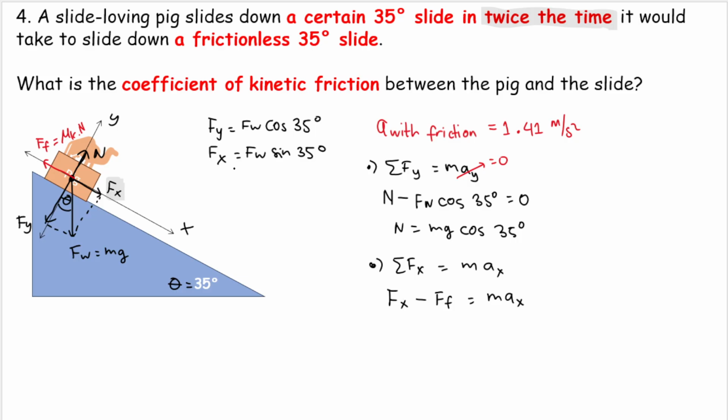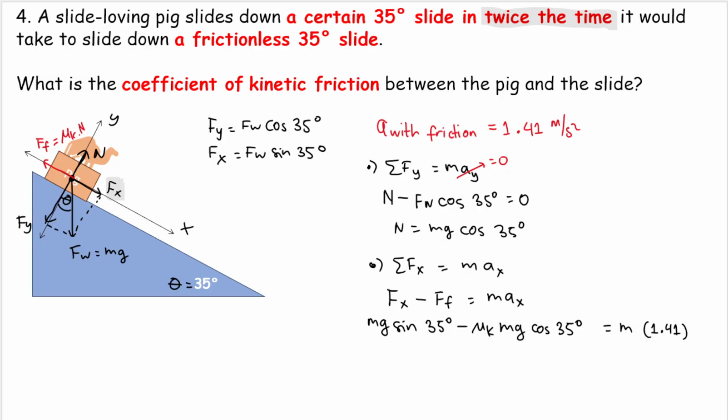Now Fx is Fw sine 35, or I can rewrite that as mg sine 35 degrees. And then Ff is mu k times N, so I will write mu k times N, but N is mg cosine 35. And that will equal the mass here multiplied by a here. So I'll have 1.41.